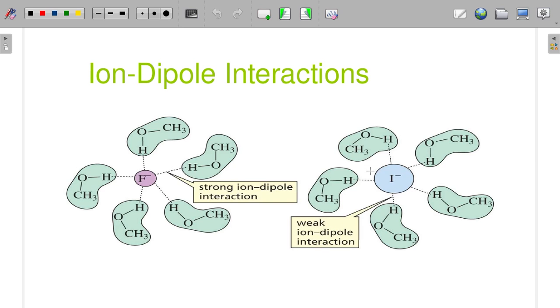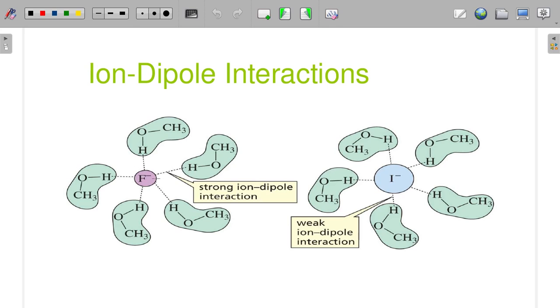Now, the reason that factors into it, we think about our halogens and something that can do hydrogen bonds, like an alcohol. Alcohols, with those strong dipole-dipole interactions, those hydrogen bonding interactions, will surround something very electronegative, like a fluorine, with very strong intermolecular forces.